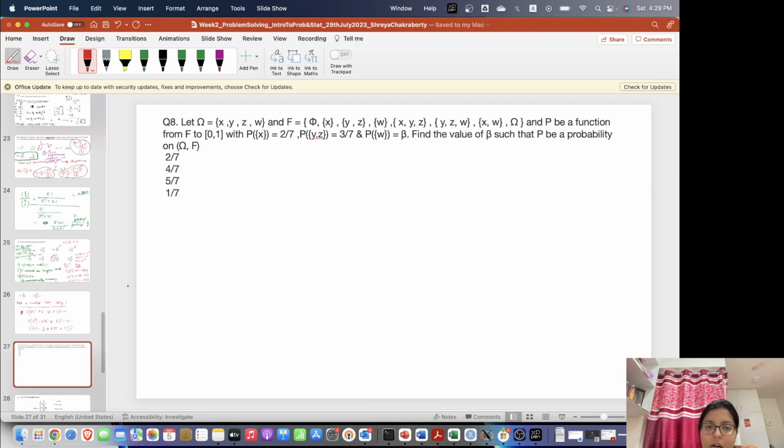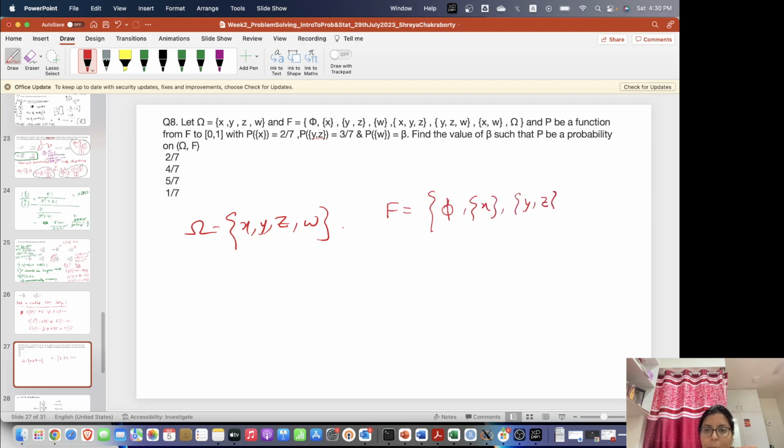So here we have omega equal to x, y, z, w. F is the set of events defined in it.